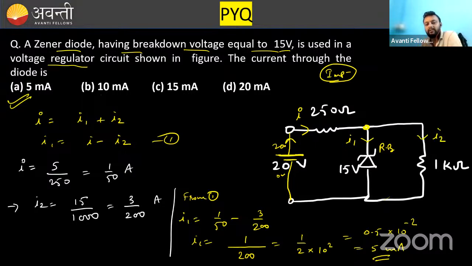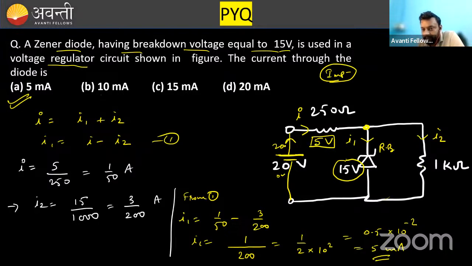Is this point clear? Now, another thing is the potential across this Zener diode is given as 15 volt. But we have applied only 20 volt. 20 volt I have applied and 15 volt is along this. Then the remaining 5 volt will be along this. So we got the potential across this resistor.